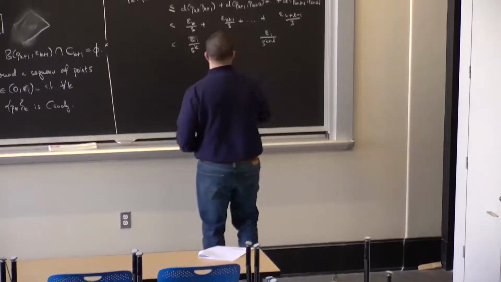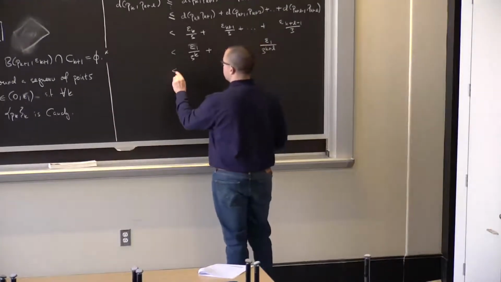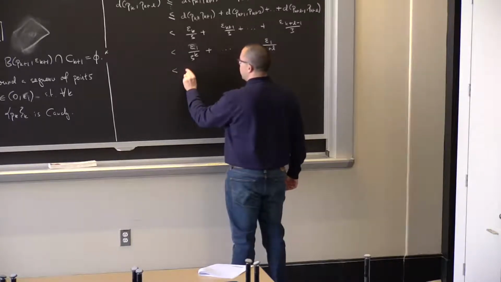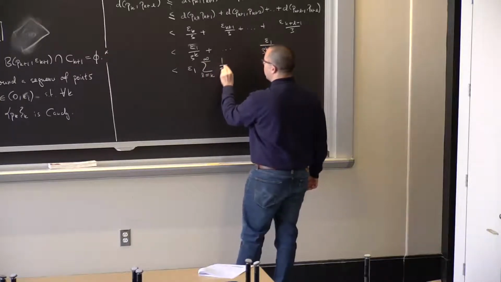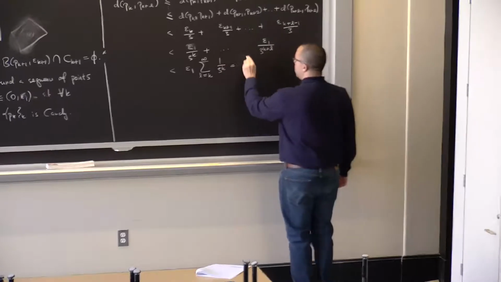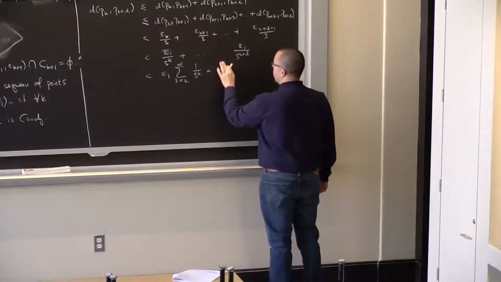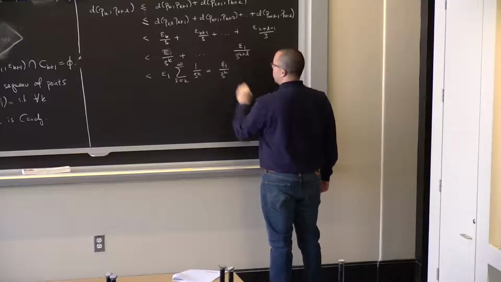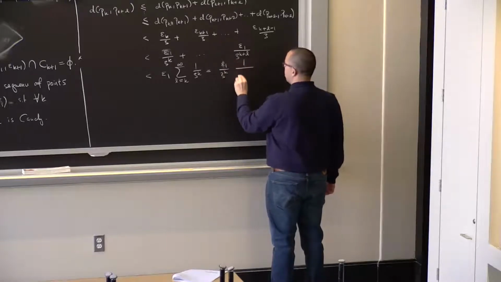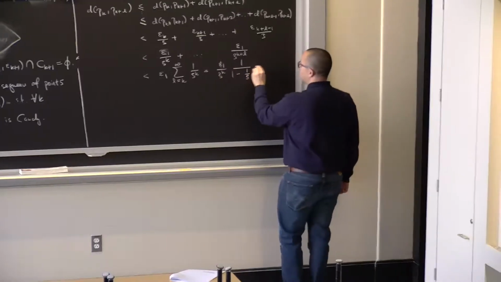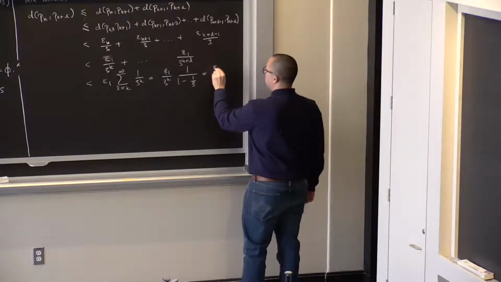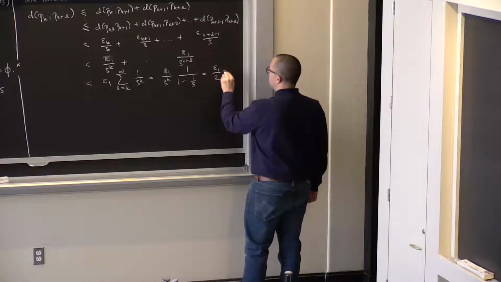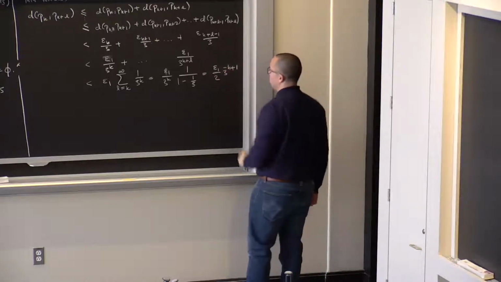And now I can actually sum this up, right? This is strictly less than epsilon_1 times the sum from L equals k to infinity of 1 over 3^L, which is epsilon_1 over 3^k times 1 over 1 minus 1/3, which equals epsilon_1 over 2 times 3^{-k+1}.